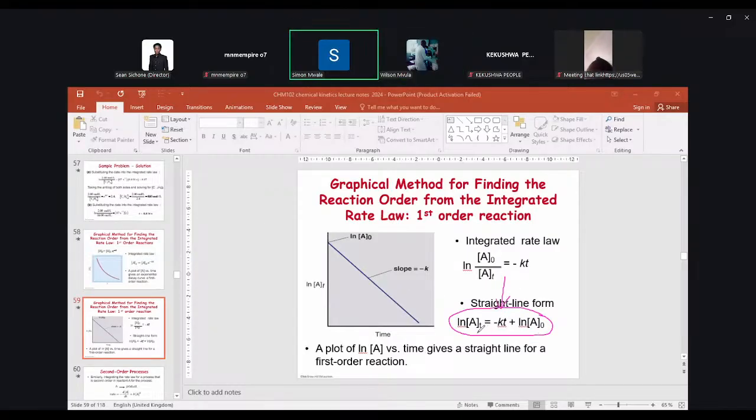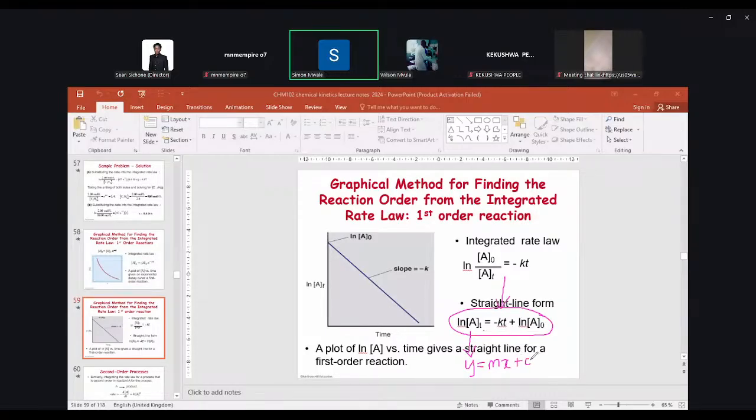What that means is that the first part here is what is called the y. Remember that an equation of a straight line is written as y is equal to mx plus c.